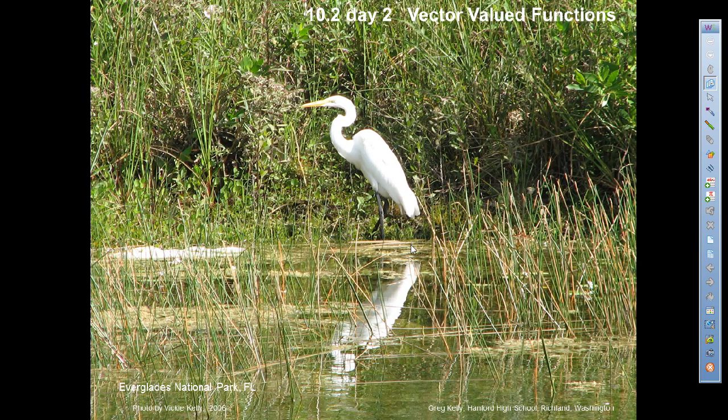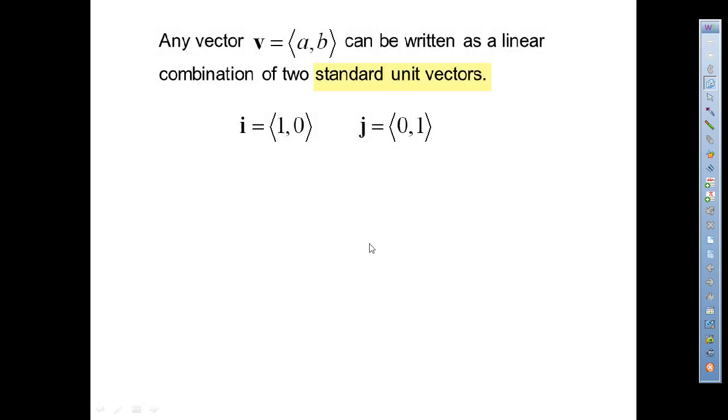Alright, so this is day 2 of 10.2, and we're talking about the section on vectors, and we're talking about vector valued functions. Any vector v, in this case with components a and b, can be written as a linear combination of two standard unit vectors.